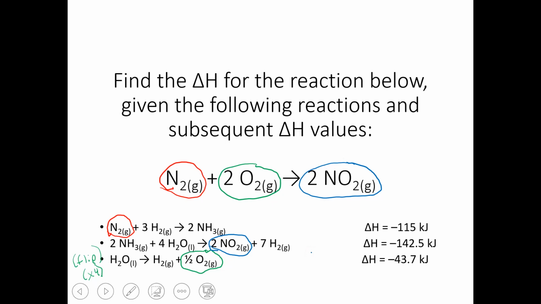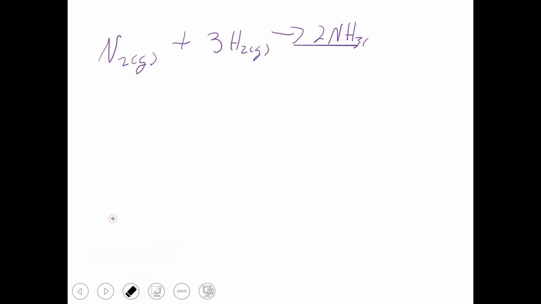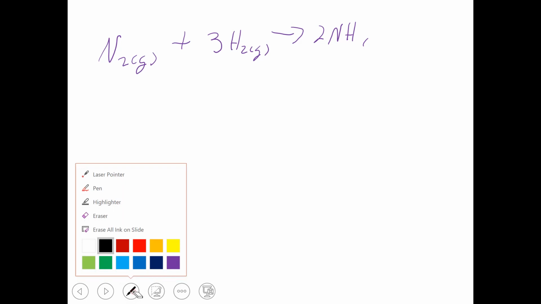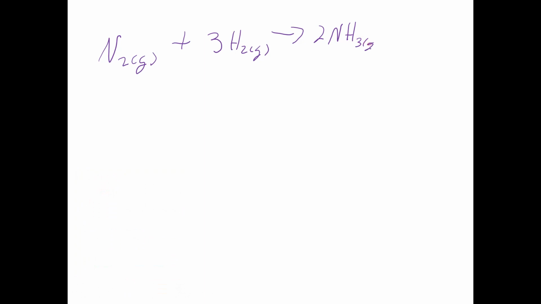So I'm going to go ahead and go to a blank slide and copy these equations over. So we have N2 as a gas plus 3H2 as a gas gives us 2NH3. We have 2NH3 for our second equation.